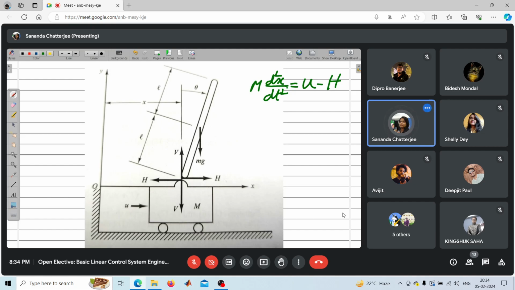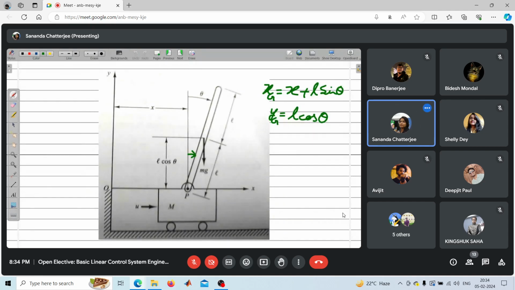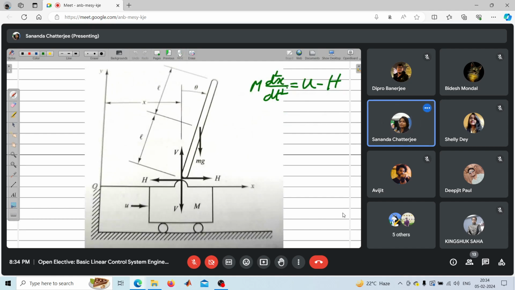There will be motion on this xg. In the previous slide we have written the location of the CG, that is the vertical and horizontal position. Now if this rotates about P for application of the force, then the xg and yg both will be changing dynamically. Do you agree?